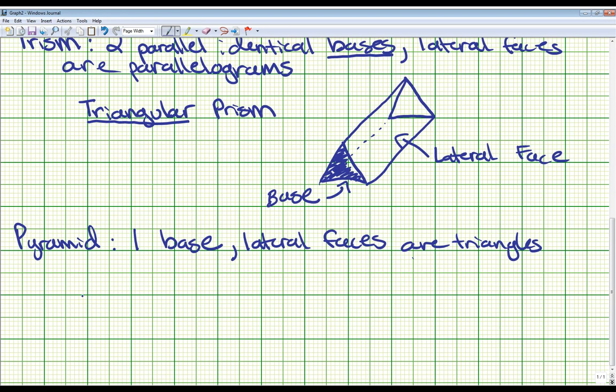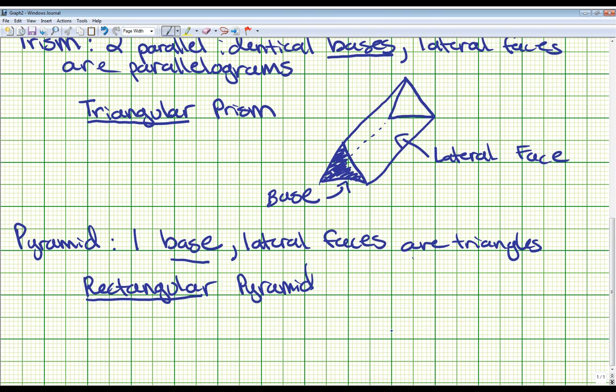So the example we're going to create here is going to be a rectangular pyramid. And the reason it's called a rectangular pyramid is because the base, the one base that we draw, is going to end up being a rectangle.